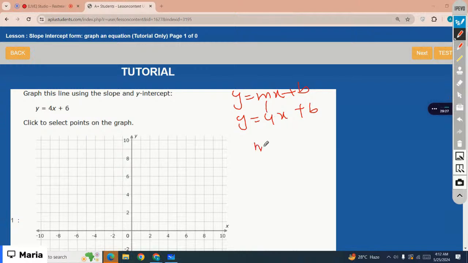So m equals 4 and b equals 6. B is the y-intercept, right? And slope is 4.